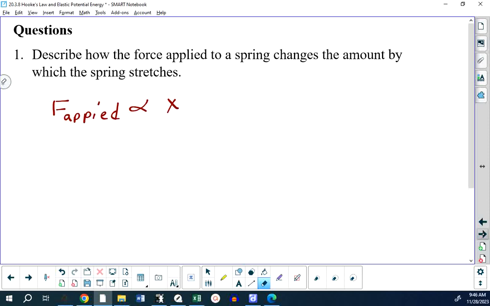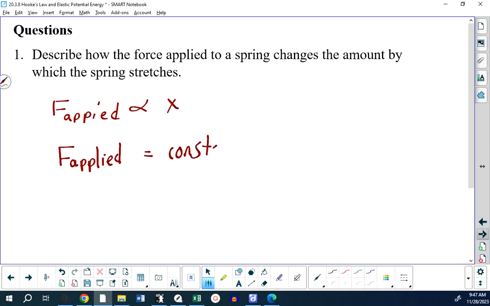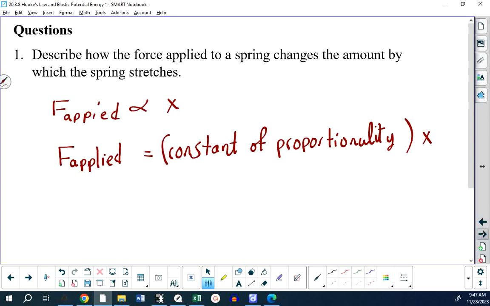F equals kx. But if two things have a proportionality, that means we can create an equation by finding a constant of proportionality, that's a long word, and multiplying the constant of proportionality by the other variable.